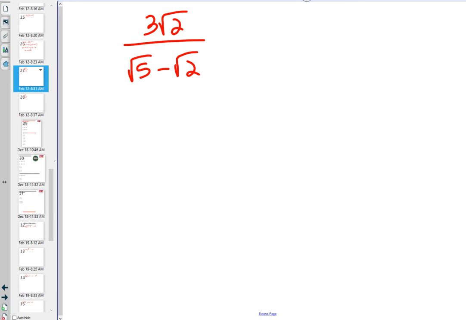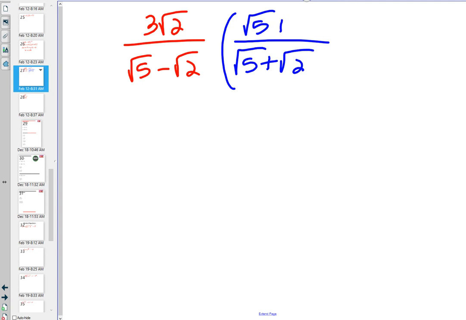Complex conjugates. Well, this is not a complex number. How would you rationalize this? Multiply by the conjugate. You should know what it is. What's the conjugate of square root of 5 minus square root of 2? Square root of 5 plus square root of 2. And just like before, we multiply on the top and on the bottom. Because we're really just multiplying on the bottom.